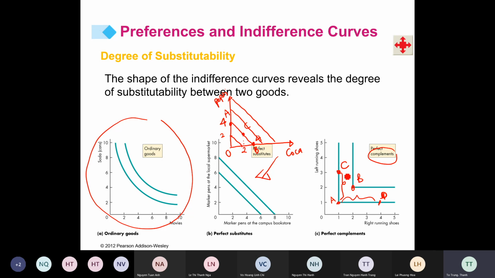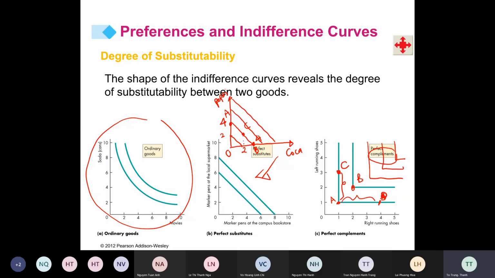So point A, point C, point D give me the same level of satisfaction. And when I connect them together, what I see is an L-shaped curve. So we have an L-shaped curve for this indifference curve, and we have a map of L-shaped curves for these special cases.